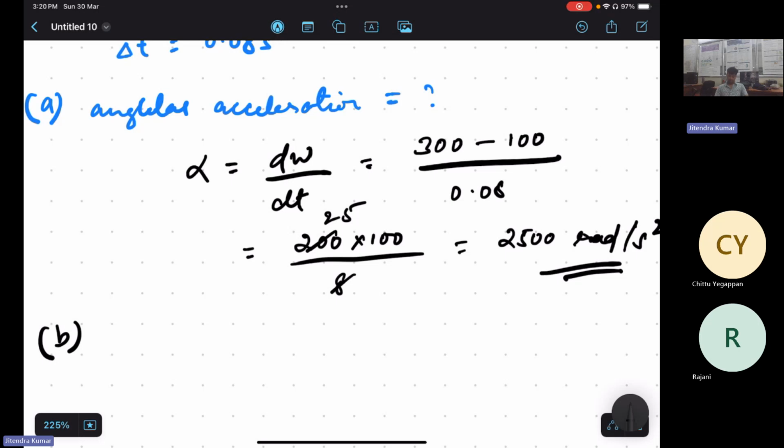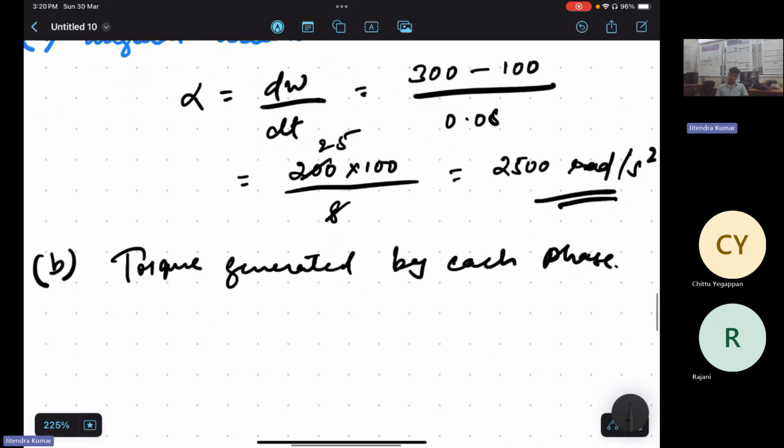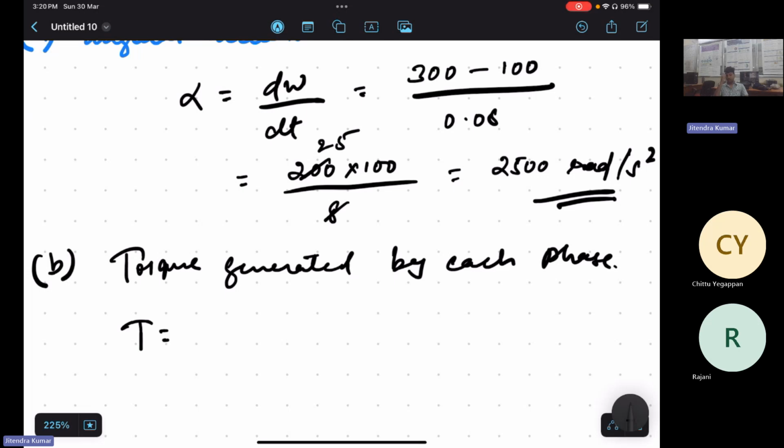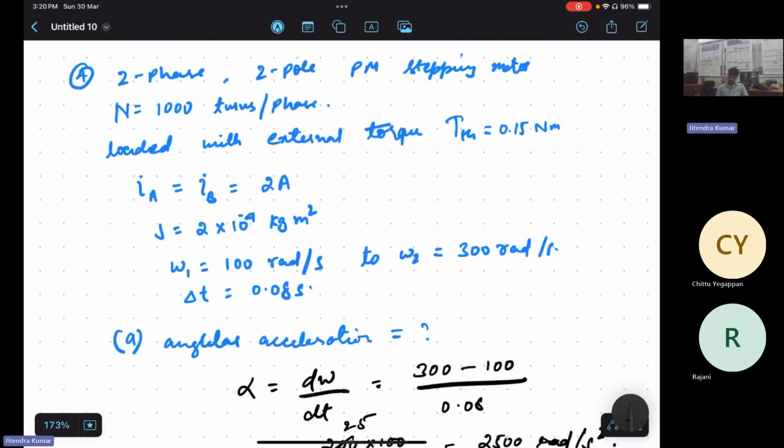Next part is to calculate the torque generated by each phase. What is the expression of torque? Let me show you the statement of the problem. So external torque is given, okay, plus this acceleration requires some torque, isn't it?